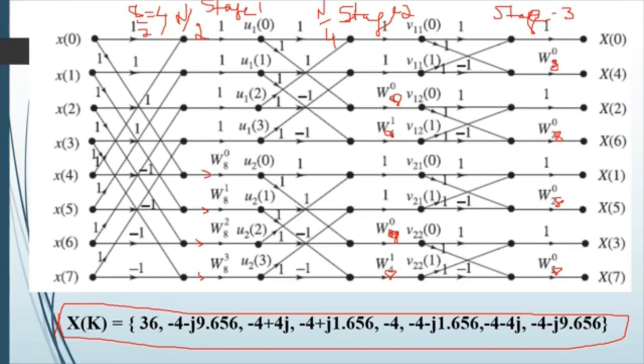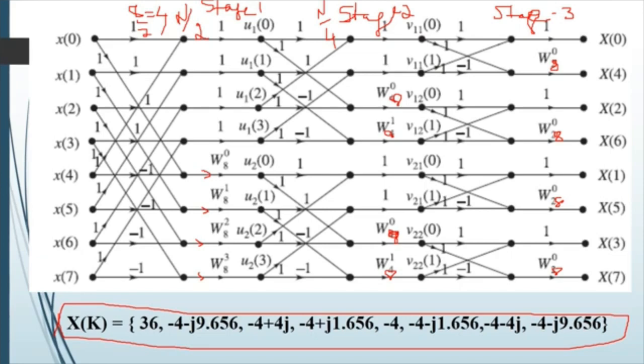In stage 1 you will have n by 2, that is 8 by 2, so 4 point DFTs. In stage 2, n by 4 is 2 point DFTs, and stage 3 is 2 point DFT. In the n by 2 point DFT we will have 4 twiddle factors, and for n by 4 we have 2 twiddle factors. What are the twiddle factors?